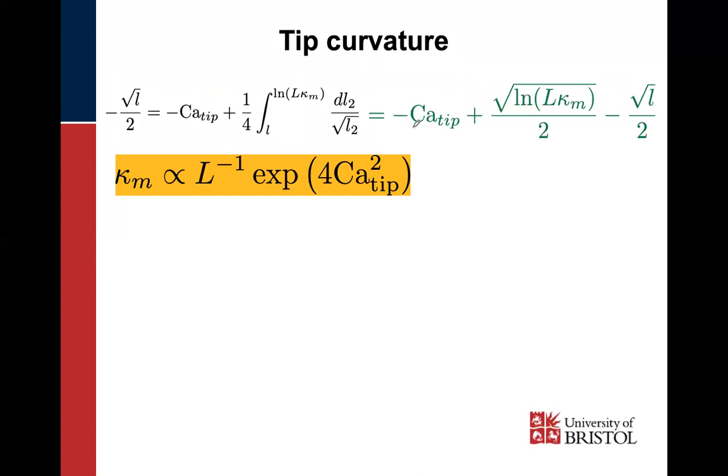And so if I solve that for kappa, the tip curvature, I find that the tip curvature goes like some inverse length scale, which I don't know at that point, times an exponential of the square of the capillary number. So indeed, exactly as suspected, the curvature grows a lot more quickly, namely like the exponential of the square of the capillary number, much more quickly than in the two-dimensional cusp solution of Jeong and Moffatt.